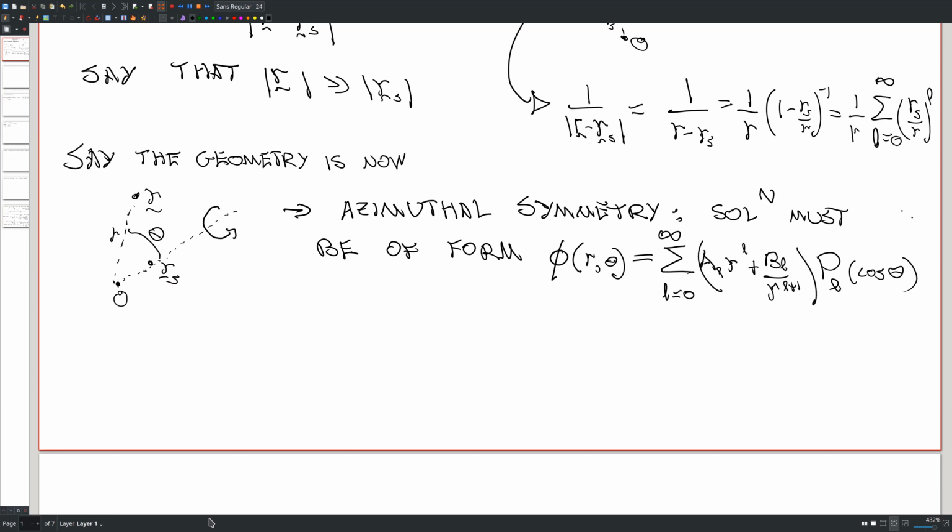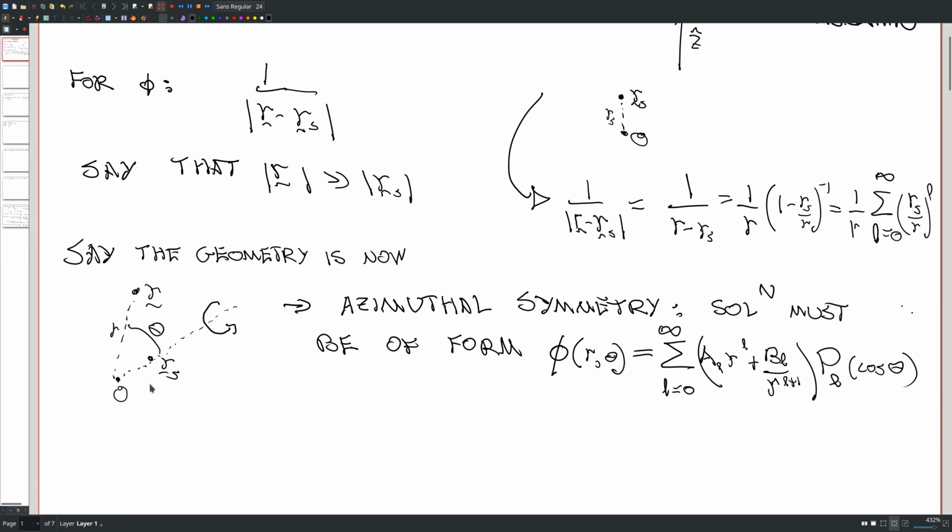Question? Maybe I misunderstood the distance and why it is not strictly symmetric. Okay, so the question is, why is this not spherically symmetric? I have put my origin here, and I have my source charge at the tip of this thing here.